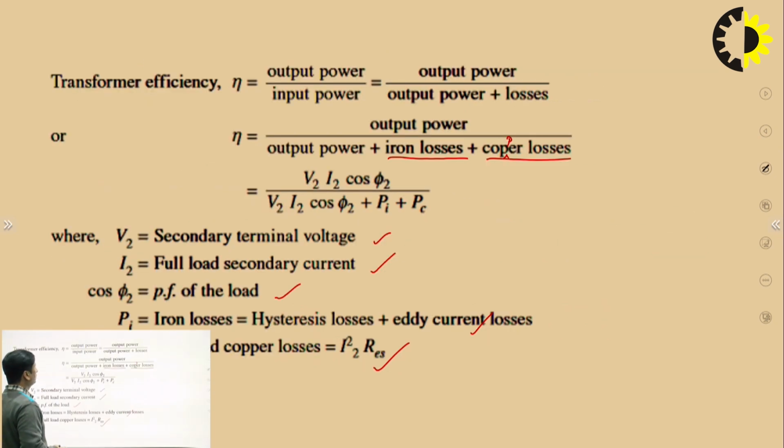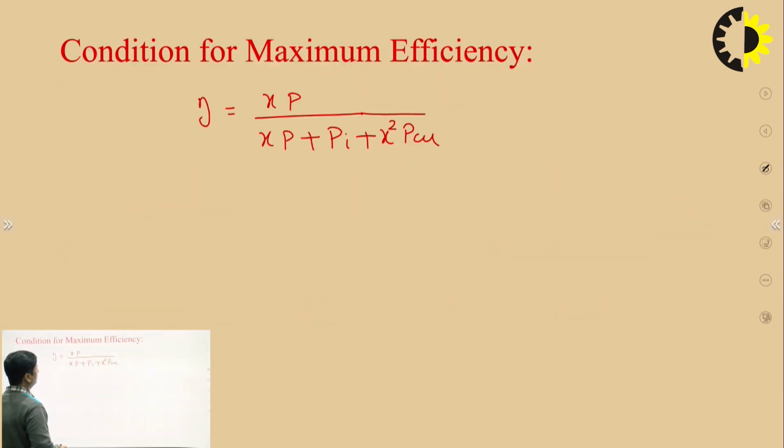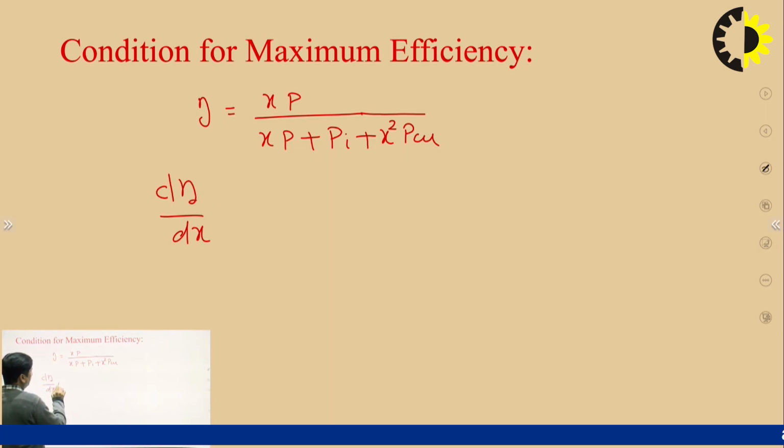To find the condition for maximum efficiency, we need to differentiate this efficiency with respect to x, because x is a variable here.